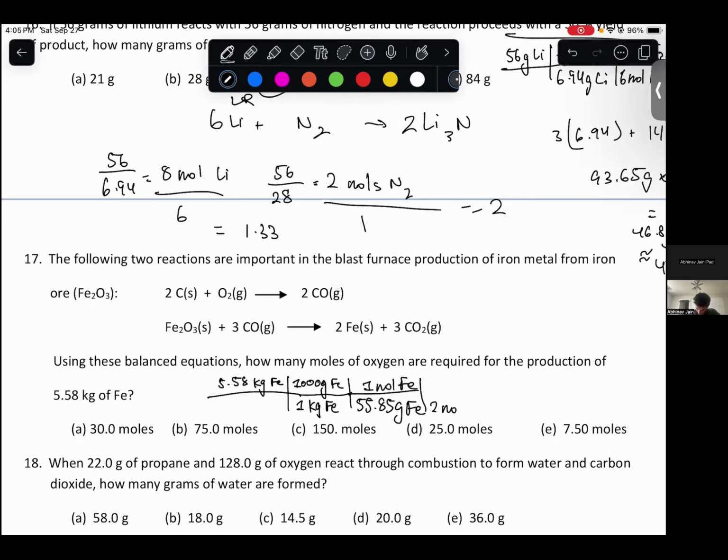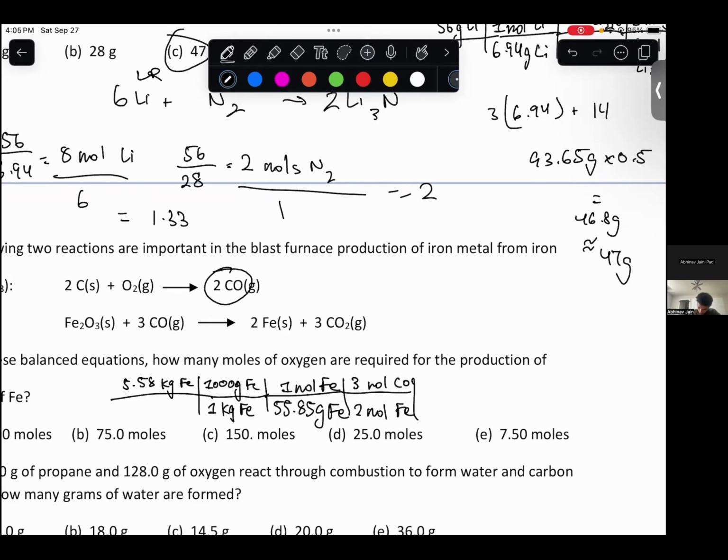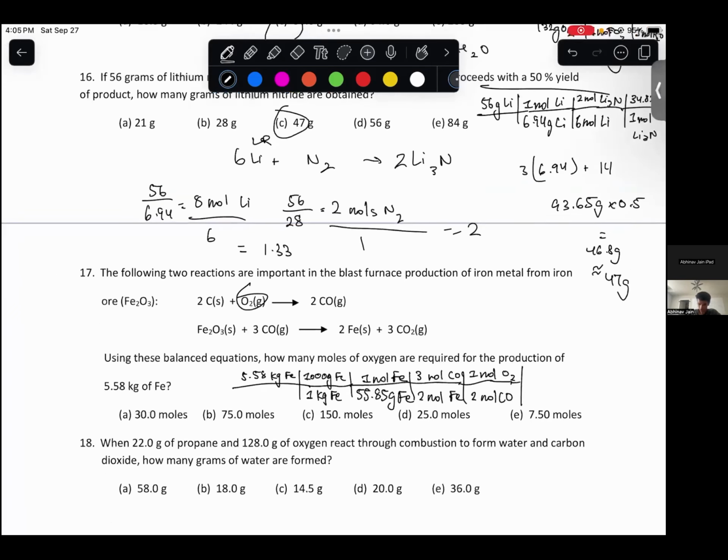And we know that for every 2 moles of CO, we have 1 mole of O2. So that's our stoichiometry. 5.58 times 1,000 times 3, and then divided by 55.85, divided by 2, divided by 2. So it's around 75. So the answer is B.